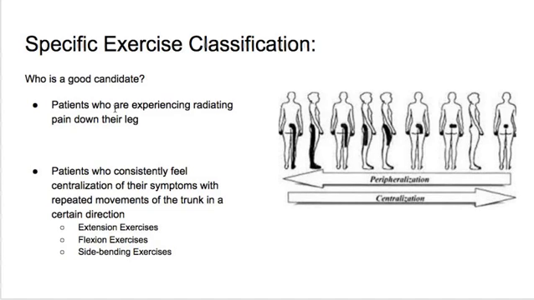So we're going to start with a more detailed explanation of the specific exercise classification. So who is a good candidate for this particular classification? Well, the key here is that one of the movements causes a centralization of pain versus a peripheralization. It's frequent that flexion can cause pain to start in the back and then radiate down the leg, even past the knee.